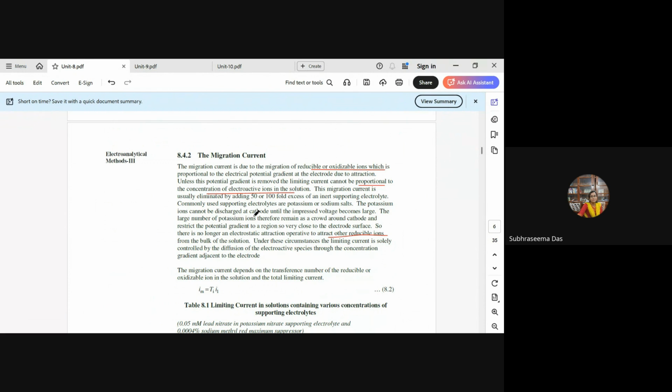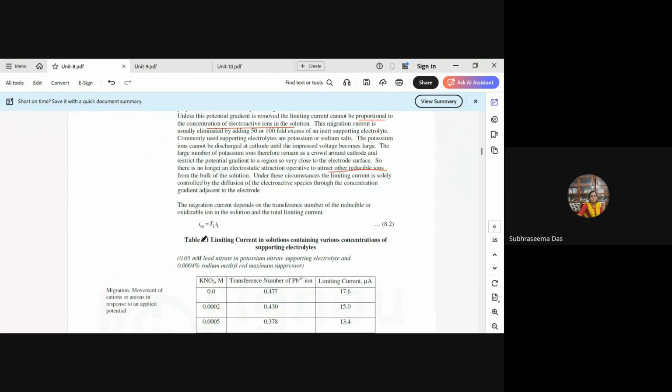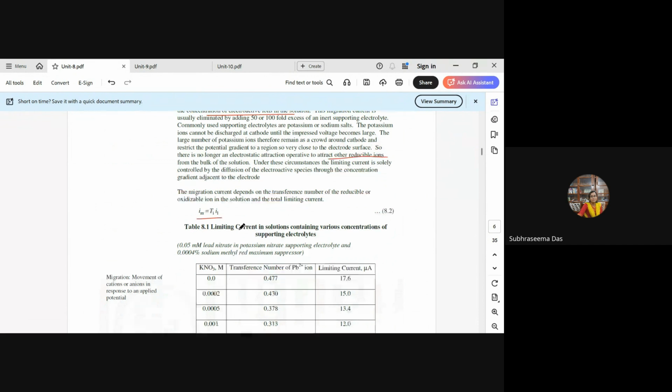The migration current depends on the transference number of the reducible or oxidizable ion in the solution. The migration current Im is equal to Ti times Il, where Ti represents the transference number of the respective ion, and Il represents the limiting current.